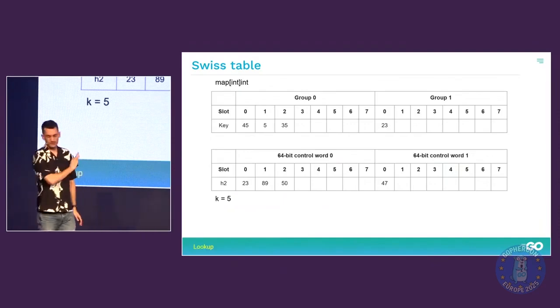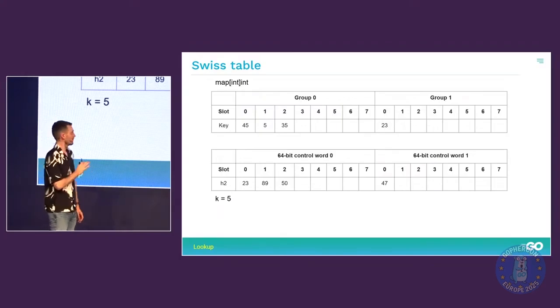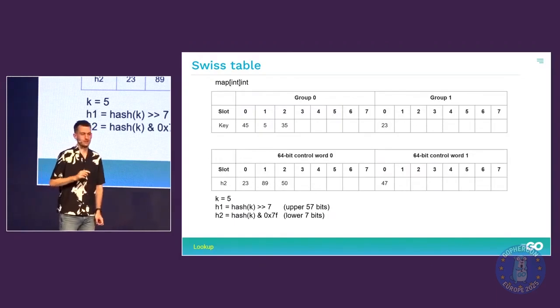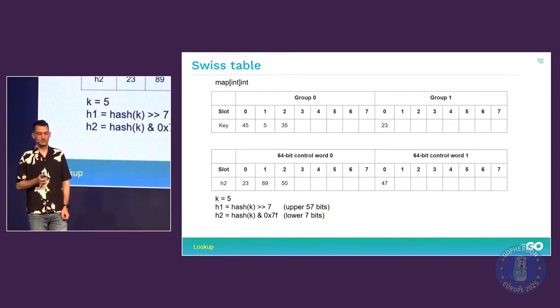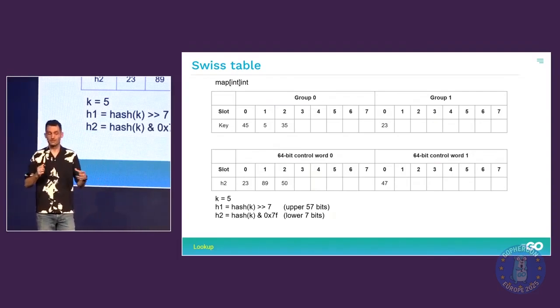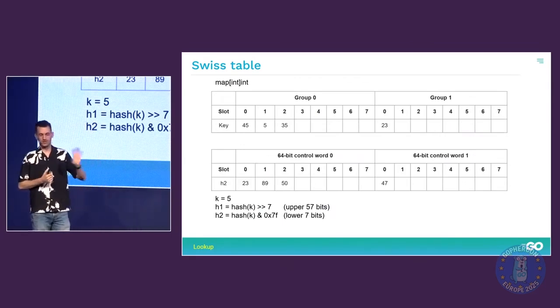We already have a bunch of entries in this map, so let's look at how a lookup works. Let's say we want to look up the key 5. In a Swiss table, for our operations, we're going to need to take the hash of 5, and then break up that hash value into a couple of different parts that we're going to use for different purposes. We'll call them H1 and H2.